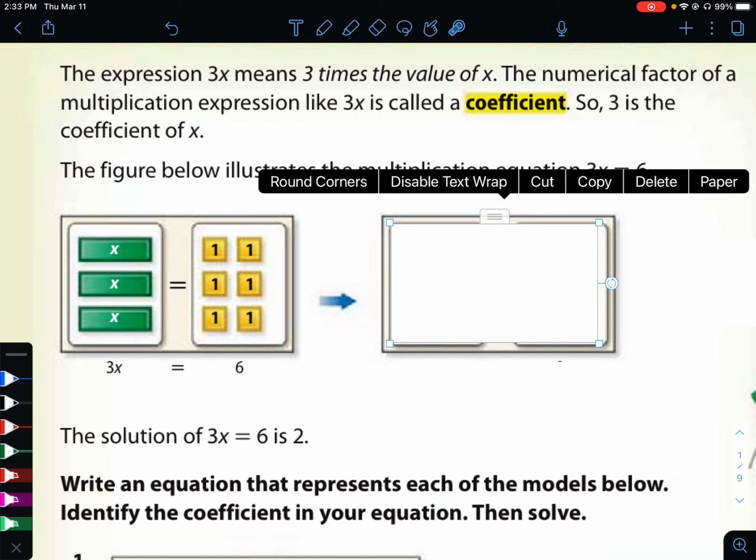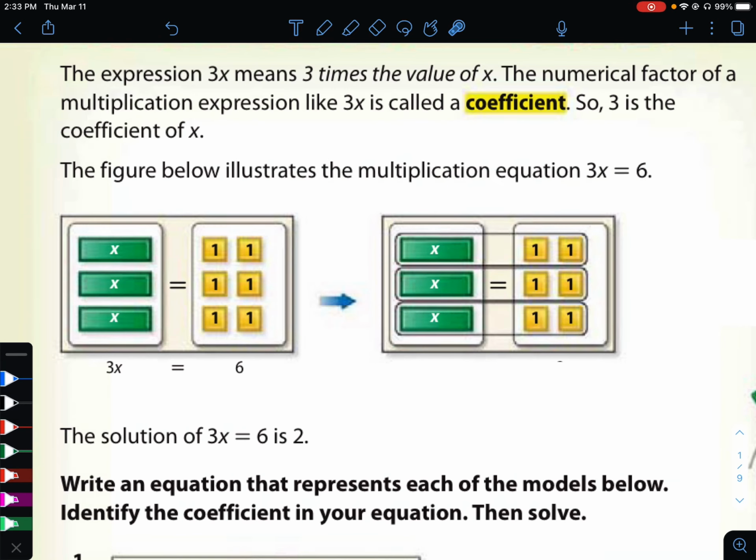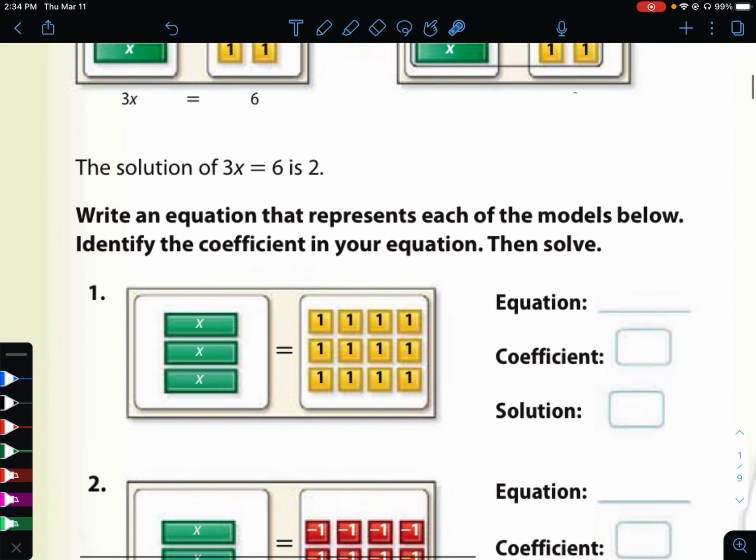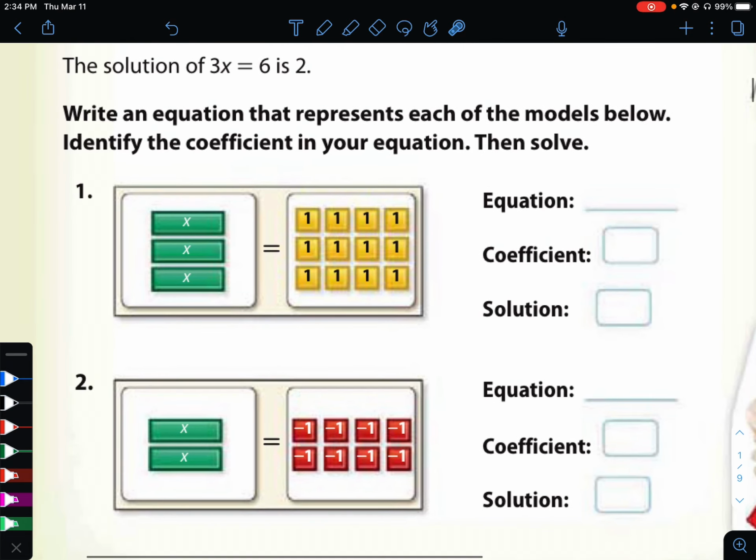If we divide our x's and our 6 by 3, so we divide the left side of our equation and the right side of our equation, and we group them by 3's, you notice that each x has a value of 2. So the solution for 3x equals 6 is 2. So that's using models. And let's see how that works in the following examples.